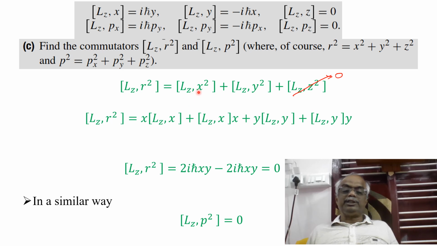Then the first two terms you expand. Here you can take that as x into x, so you bring the left hand x to the left hand side and the right hand x to the right hand side. Do the same thing here, left hand y to the left hand side and right hand y to the right hand side. This can be written as y into y. Now we will see one by one. What is the commutation of Lz with x?